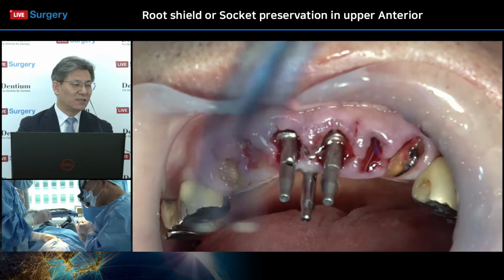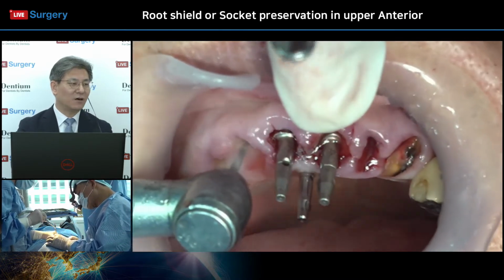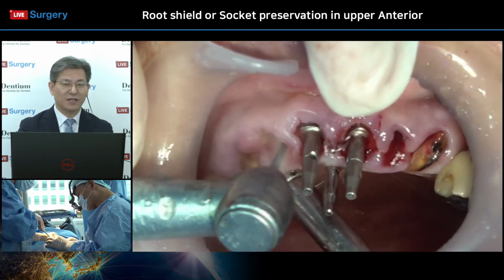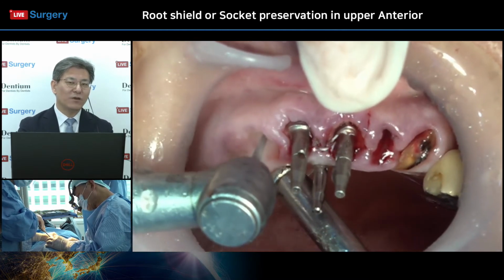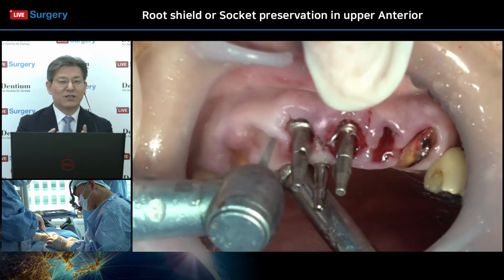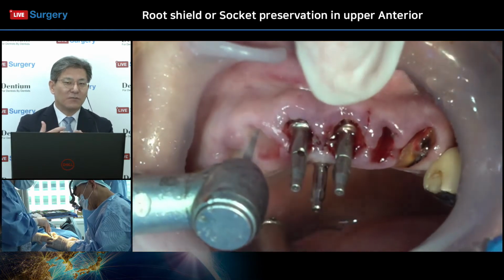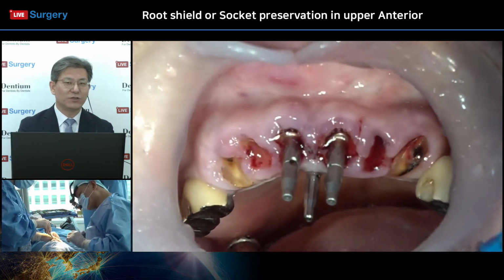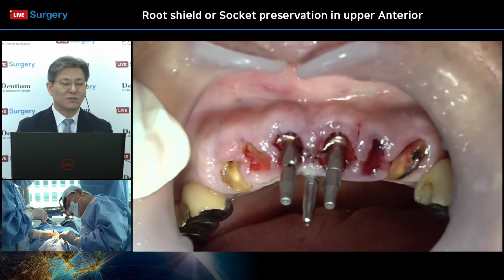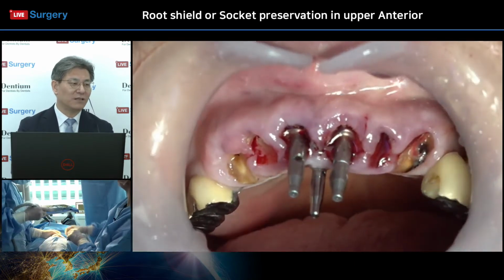So the important factor of this socket shield technique, the key, is how we can preserve the small remnant of the labial root shield. It is a very important key factor.